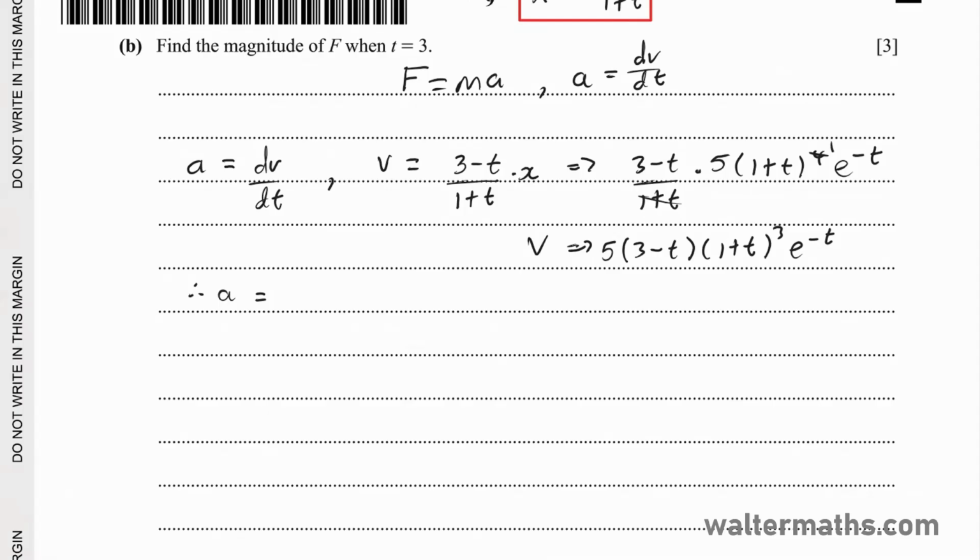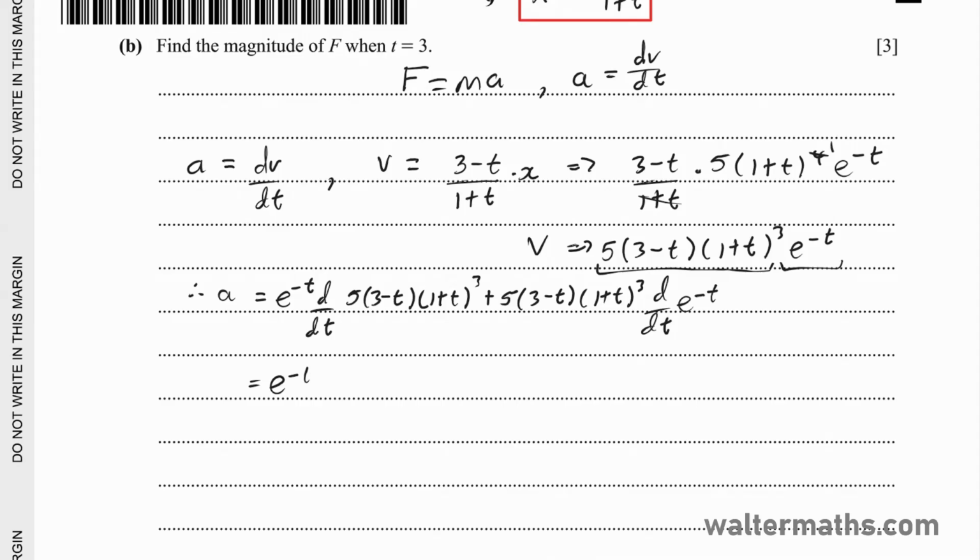So dv by dt will give us, now we are differentiating, I'll have a product of this and this. So that's e to the negative t times the derivative with respect to t of 5(3 minus t)(1 plus t) to the power 3. And that's plus 5(3 minus t)(1 plus t) to the power 3 times the derivative with respect to t of e to the negative t.